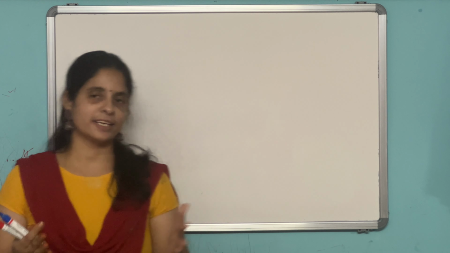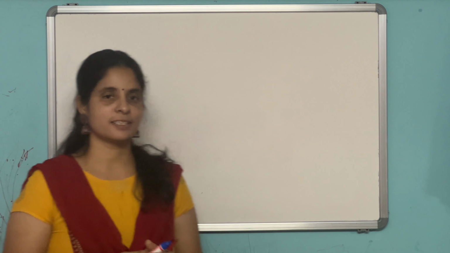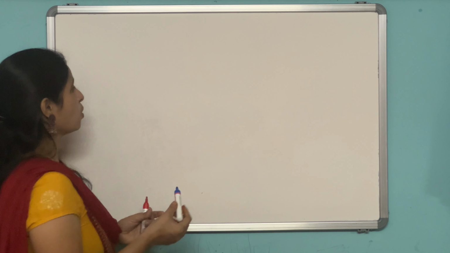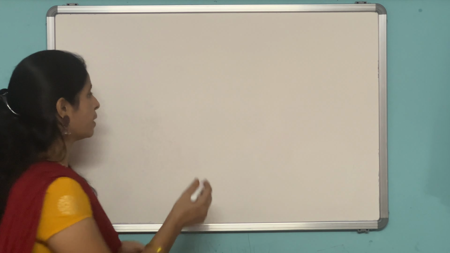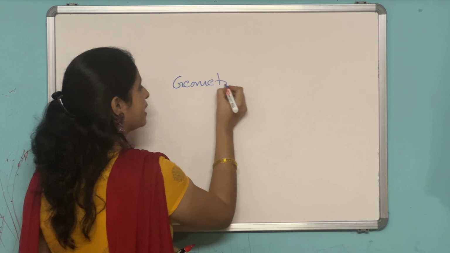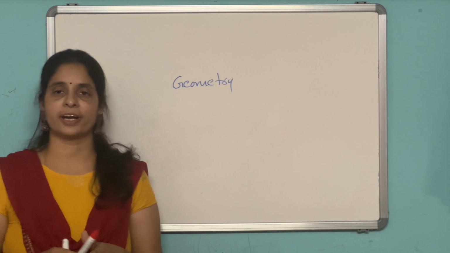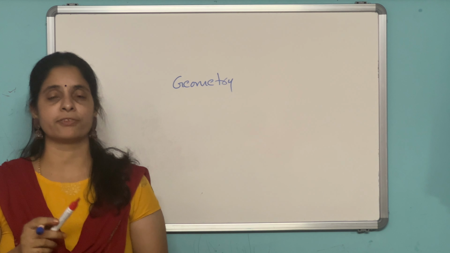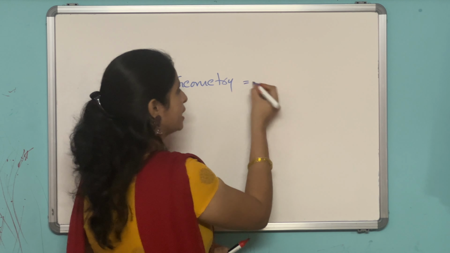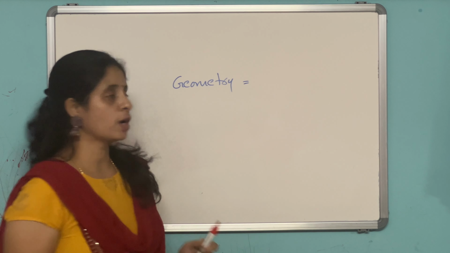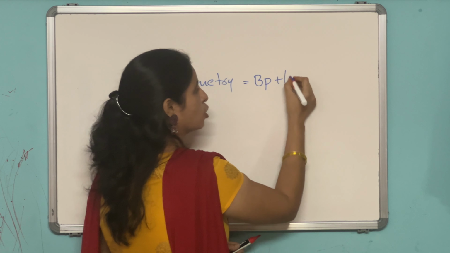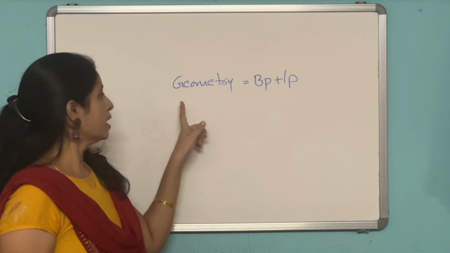Okay, now let's get into the topic, that is how to find out the shape of molecules. Before entering into this topic, what is geometry? Here I have already discussed how to find out the number of bond pairs of electrons and number of lone pairs of electrons. Geometry is based on bond pairs plus lone pairs.